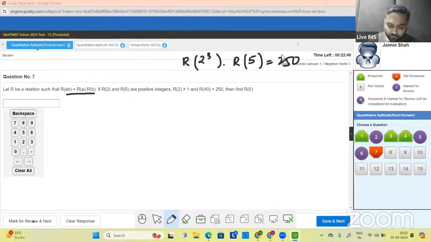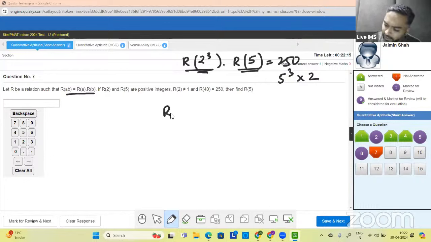Okay, and 250 is also interesting thing that I know about 250. 250 is 125 into 2, that is 5 cube into 2. Superb. Now I want to find R of 5. तो क्या कर सकते हैं? Okay. So R of 2 cube, I can again use the same identity.